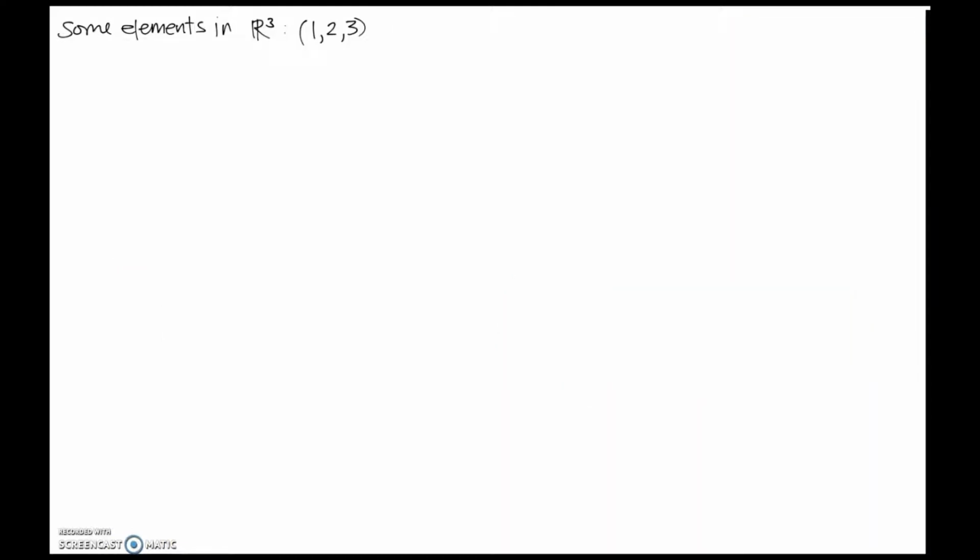Just like we had ordered pairs in R2, R3 is the set of all ordered triplets. Some examples of elements in R3 would be 1, 2, 3, or the ordered triplet -5, 4, 7, or the ordered triplet something like 3/2, 1.72, -e.